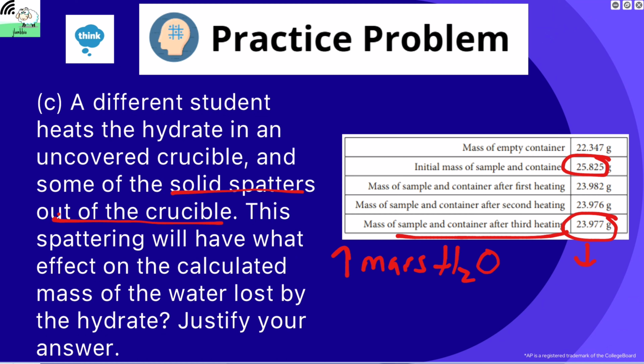And again, that has to do with what you are subtracting when you determine the mass of the water as you calculate the empirical formula of the hydrate, okay? I'm not going to fully justify the answer based on my writing. I'll post another video that shows what writing styles and techniques you want to use to justify your answer on an AP exam.